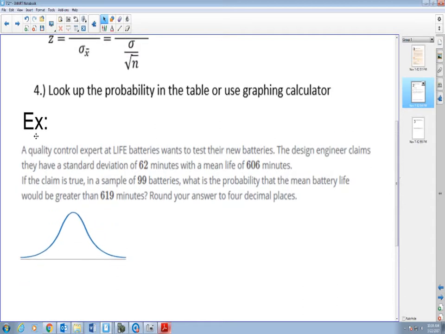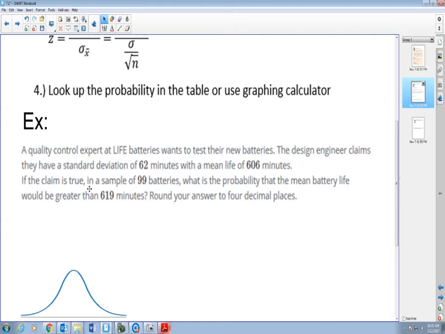So let's say a quality control expert at a battery company wants to test their new batteries. The design engineer claims that they have a standard deviation of 62 minutes with a mean life of 606 minutes. The 62 is the standard deviation of the population. The mean life, 606 minutes, will be the population mean.